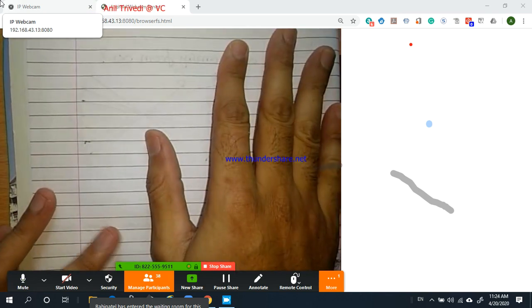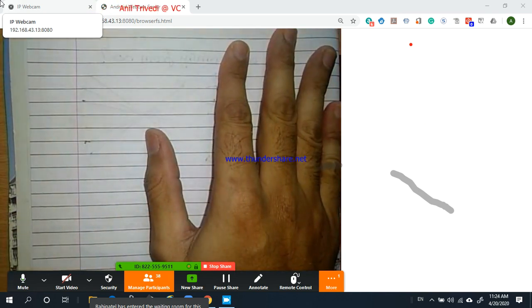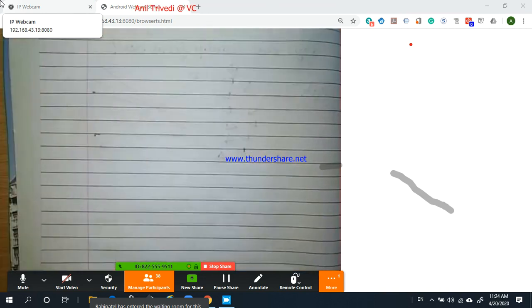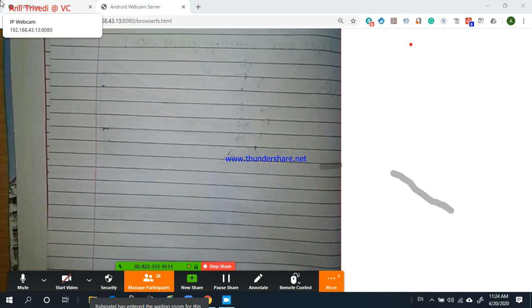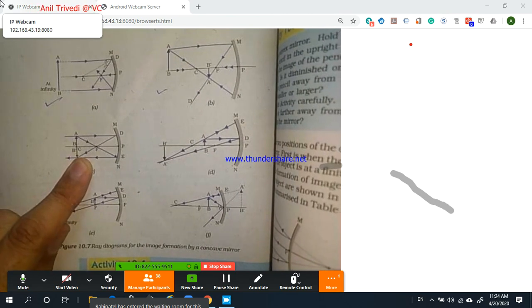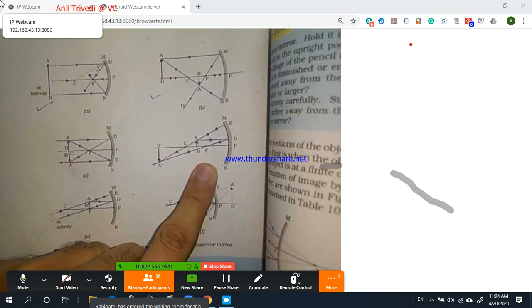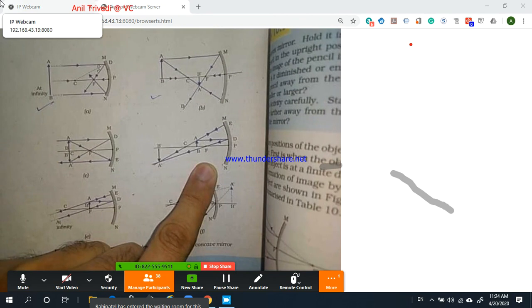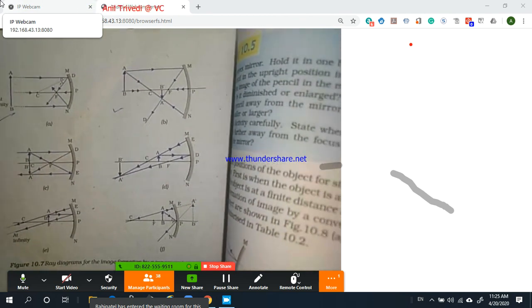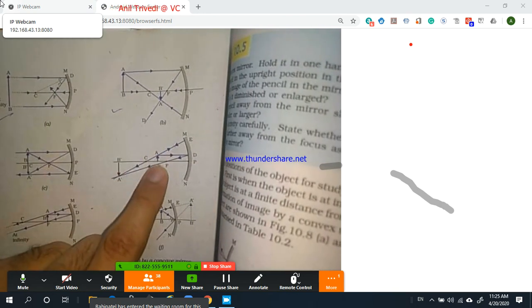So this diagram is simple, so I'm leaving it to you to draw. This diagram you will try yourself, same method. But this one is a little difficult, so I'm showing how to draw. So we are now doing object between C and F.